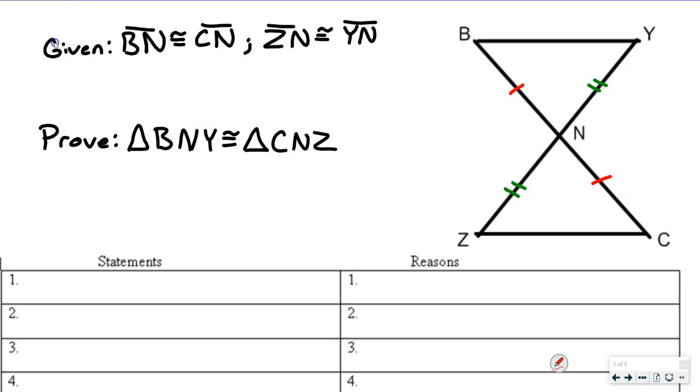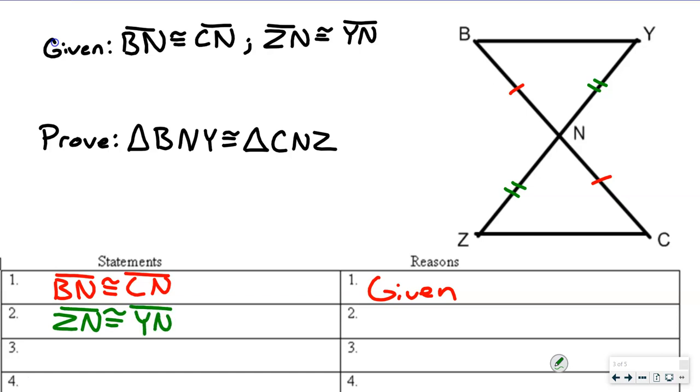BN congruent to CN, which was given. ZN congruent to YN. That was also given.